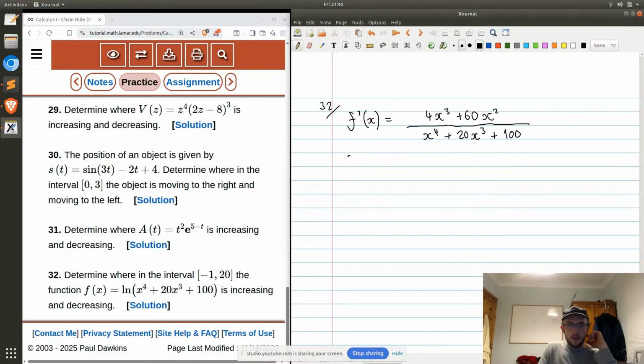No, wait. Now, this is a rational function, and so when a rational function is equal to 0, we only care about when the numerator is 0. The denominator doesn't matter for that. So 4x cubed plus 60x squared equals 0.